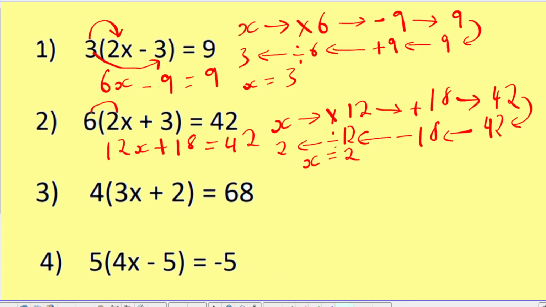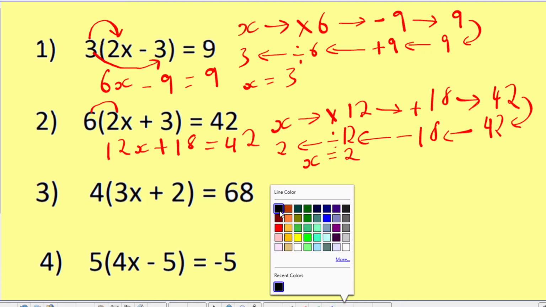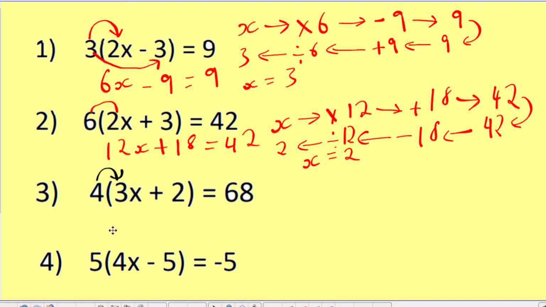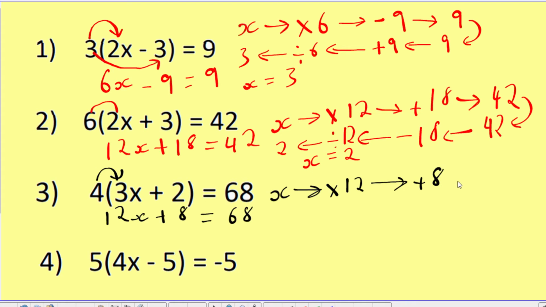Next one, change the colour here. We've got 4 times 3, again that's going to give us 12x. 4 times 2 is 8. And then that's going to be equal to 68. So using our function machine again, we've got x, and we're timesing by 12 again, and we're adding 8, and we're getting 68.